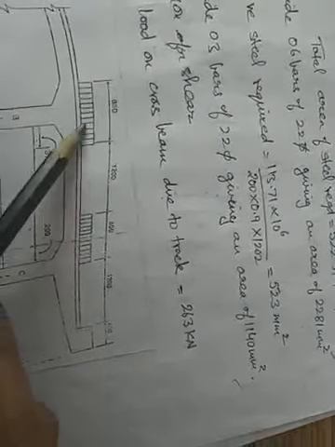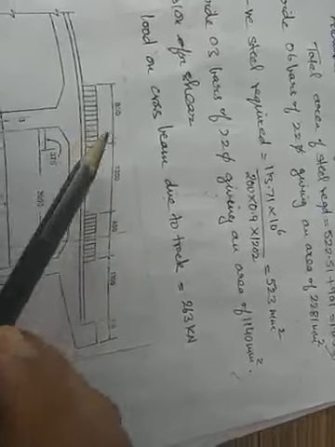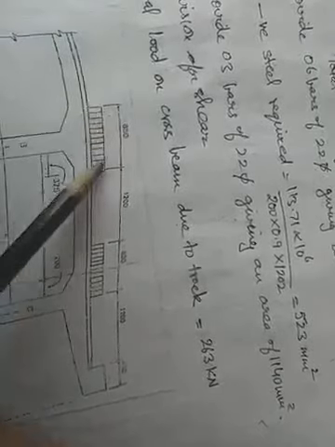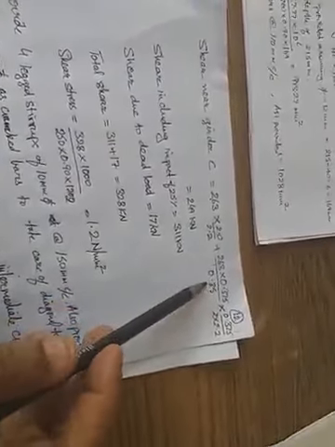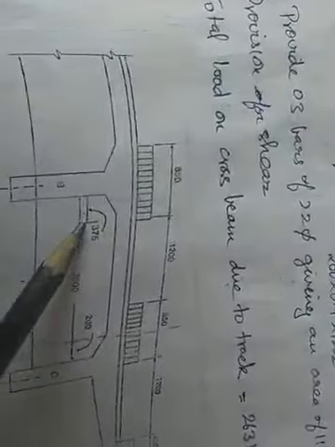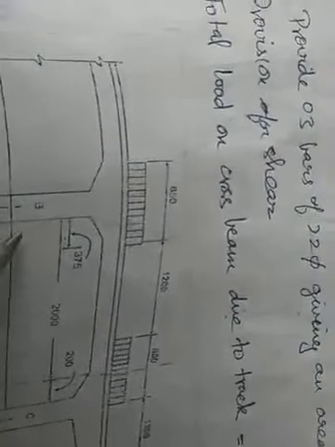Plus, then I have a section over here which is from the other load. This is 0.375 which is going to act on the cross beam. So 263 divided by 0.85 will give me the intensity of the load, into 0.375 gives me the load.